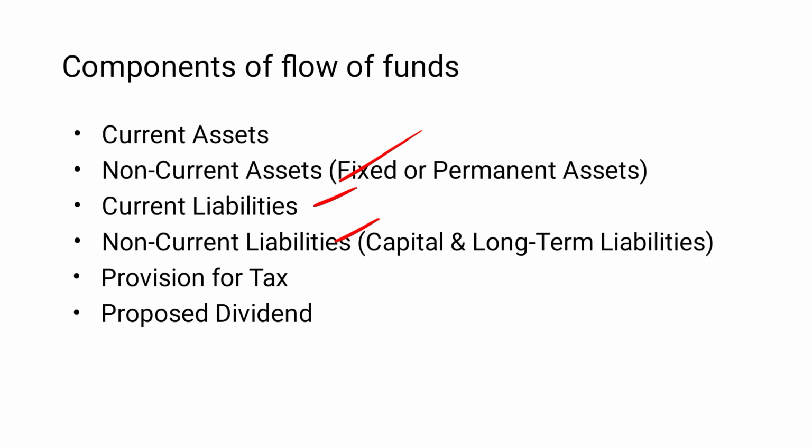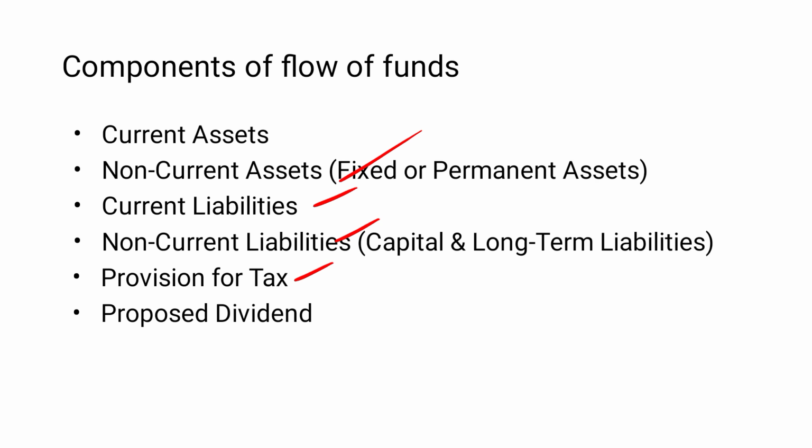Next, provision for taxation. Provision for taxation may be treated as a current liability or an appropriation of profit when it is made during the year. It is not used for adjusting the net profit.